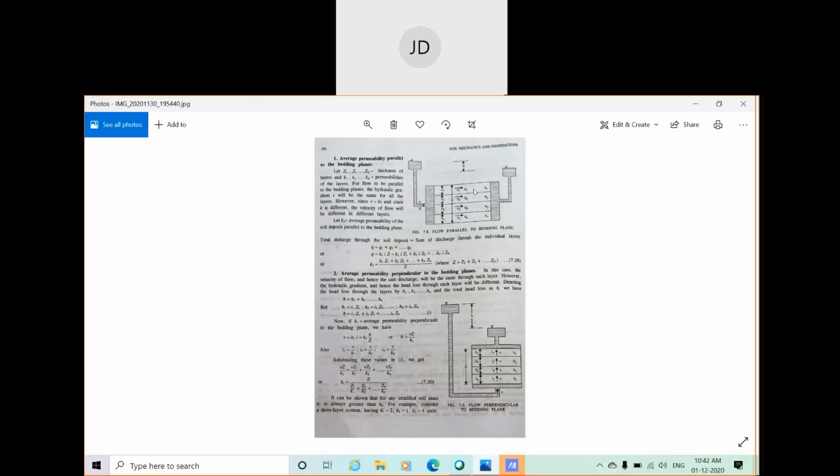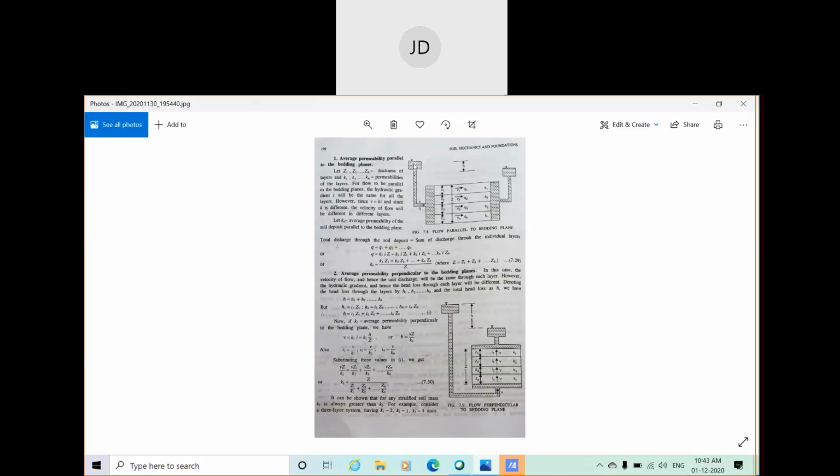So suppose this is layer number 1, layer number 2, layer number 3, and similarly up to layer number n; it's any arbitrary number. Together they are known as stratified soil, and each layer has its own property. Say Z1 is the thickness of layer 1, Z2 is the thickness of layer 2, Z3 is the thickness of layer 3, and so on.